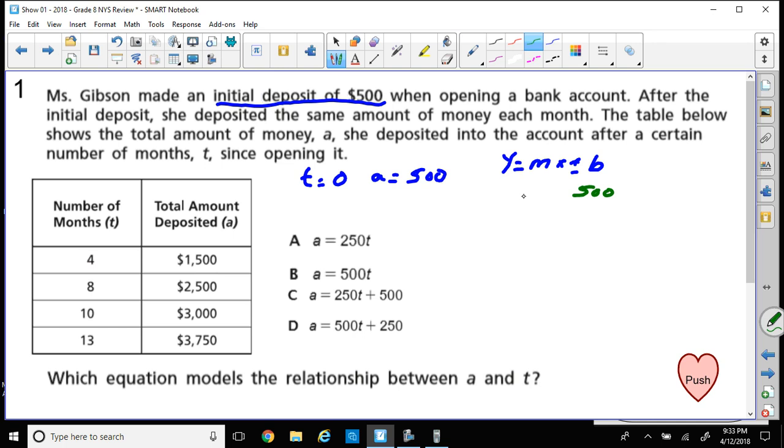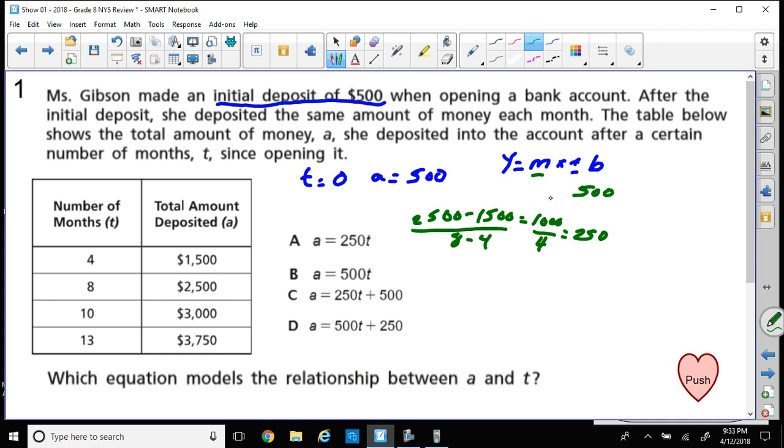But I'll find the m, which is the slope, and I'll take two of these points in the amounts, which is 2,500 minus 1,500, and that'll give me 1,000, and put that over 8 minus 4, which is 4, and this will give us the slope of $250 per month.